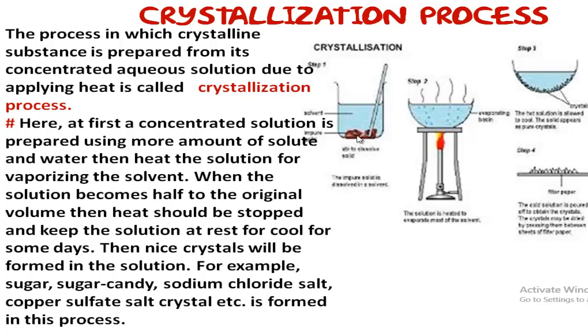Then you will heat this concentrated sugar water solution, and by evaporating some water the solution becomes more concentrated, isn't it? Now when you keep this solution to cool at rest for some days, nice crystals will form, and this process is known as the crystallization process.